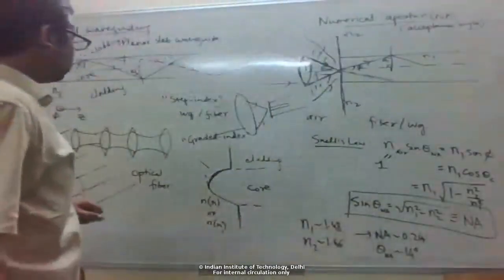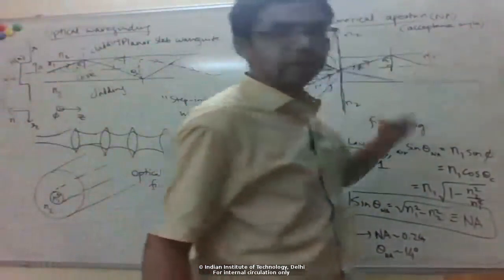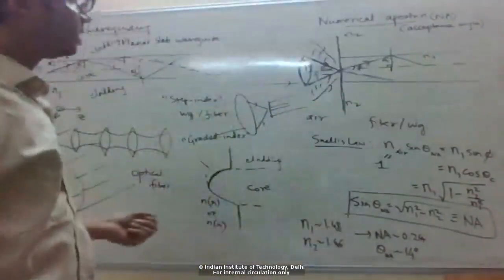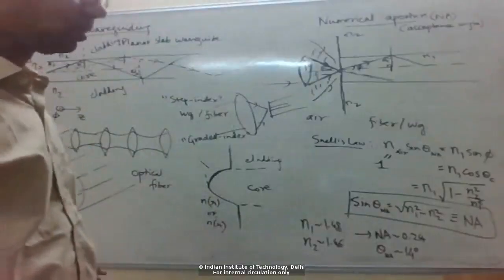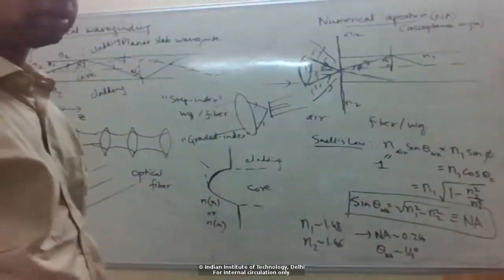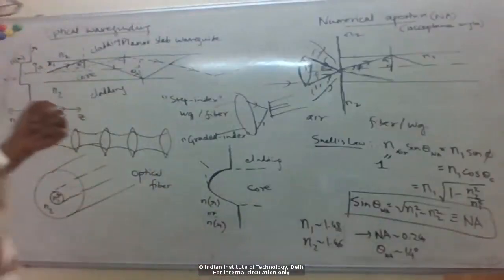Okay. We'll discuss the concept of modes later, but we are using this ray analysis. This ray picture, the geometrical optics picture, is only an approximation, right? The true picture is the wave picture, where we actually solve for the fields using Maxwell's equations.